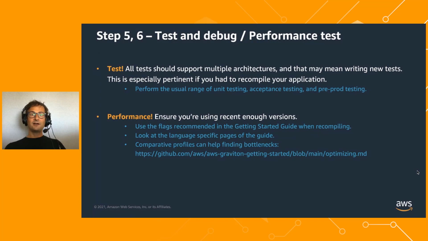If you still have a performance issue, you can have a look to the Getting Started guide and to the optimization page. We are guiding you into how to run a profile of your application to find the hotspots, and doing a comparison between a profile on x86 and a profile on ARM64 is going to be super helpful if you're asking us for support.